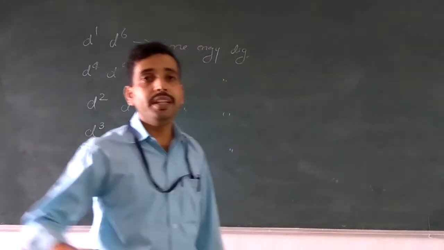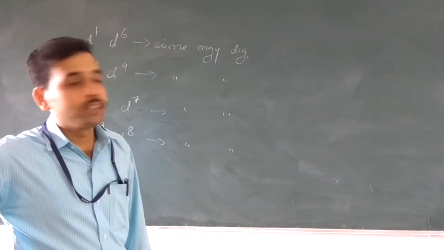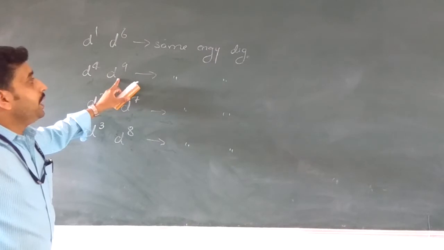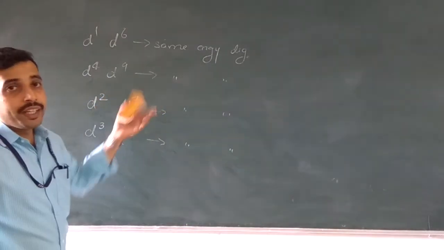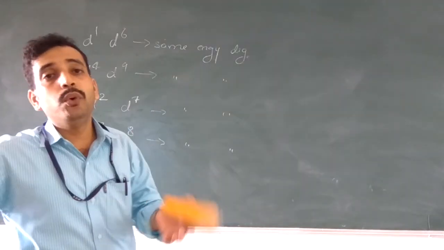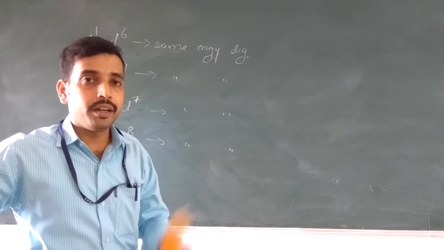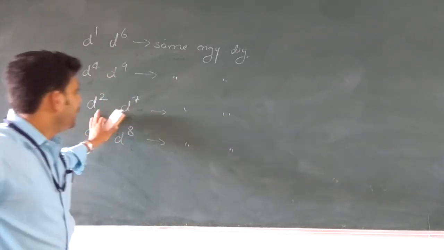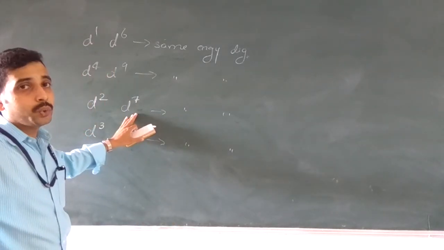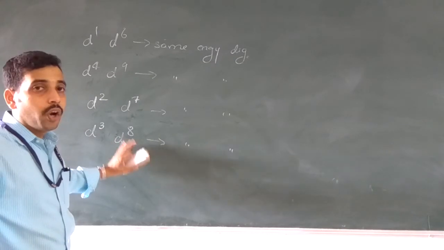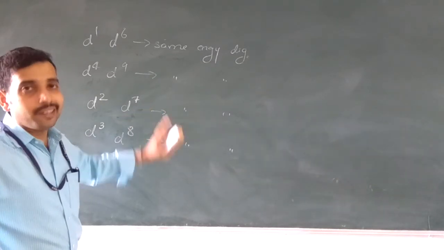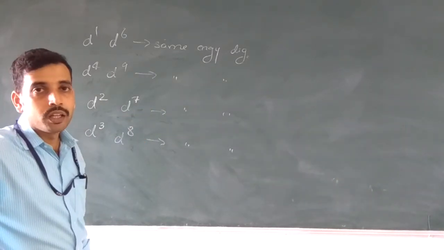Clear? D4 D9 system of octahedral geometry is the reverse of the D4 D9 system of tetrahedral geometry. Similarly, the D2 D7 system is the reverse of the D3 D8 or D2 D7 of tetrahedral geometry.